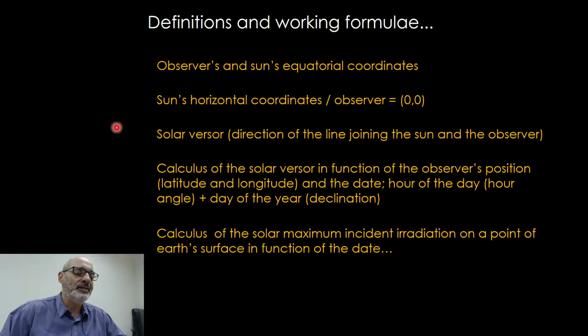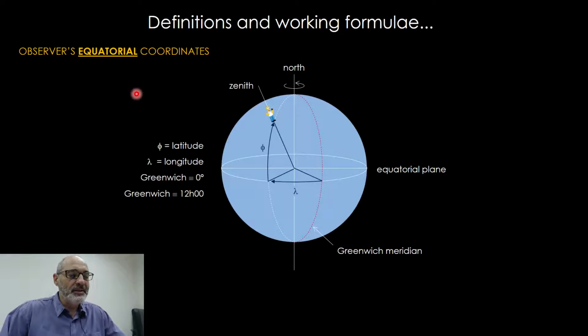So this is kind of a flight plan for the next, I don't know, 10 or 15 slides. So let's see some definitions. Equatorial coordinates. Equatorial means based on the equator, so this, I think everybody knows. Our observer is in a given position on the globe, so its longitude is lambda. Its or his latitude is phi.